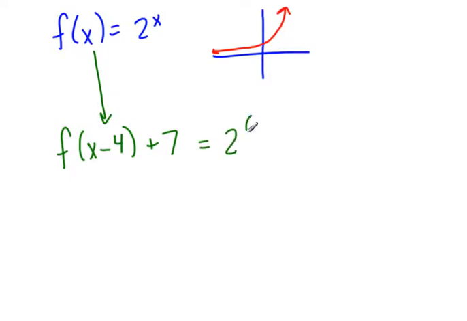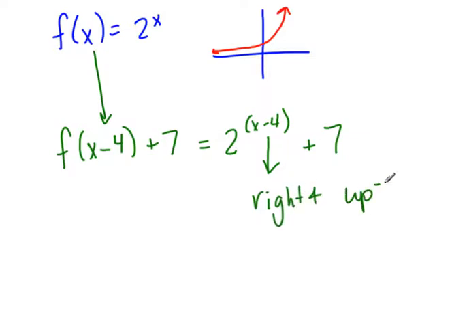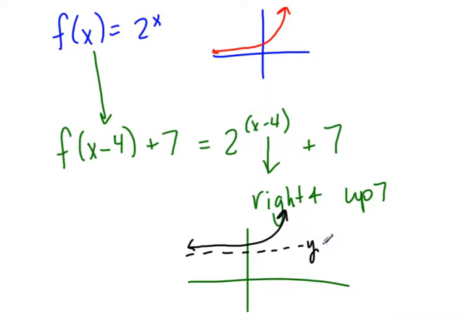So it becomes 2 to the x minus 4, and then plus 7 on the end. What that would do is go right 4 and up 7. To give you a sketch, and that's what you need to get used to doing, this red one would go right 4 and then up 7. Remember that the asymptote now would be y equals 7, a line the graph gets close to and doesn't touch.